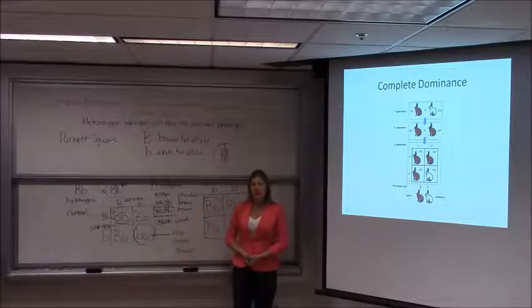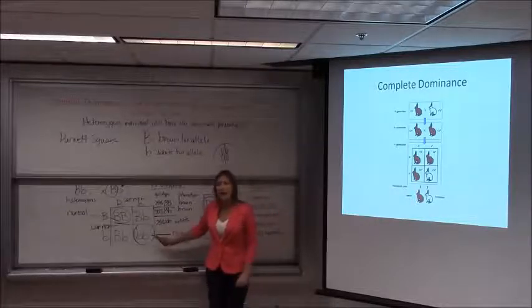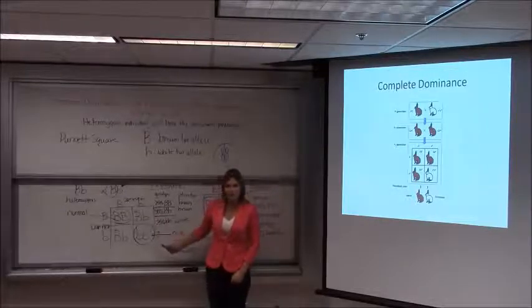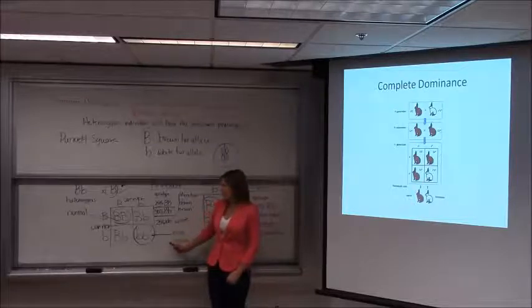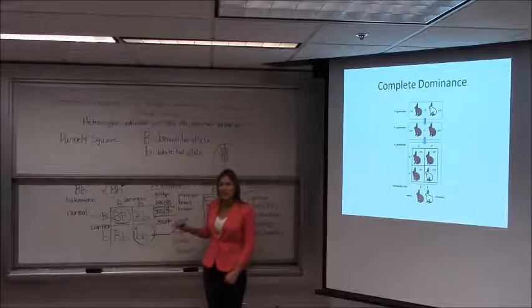There are many, many sad stories you'll hear of people who didn't know that they carried the disease allele until they married another carrier and they have a baby with this genetic disorder. And that's the only way they find out. So this is how many, many human genetic disorders are inherited.